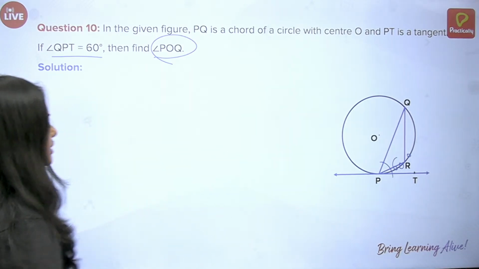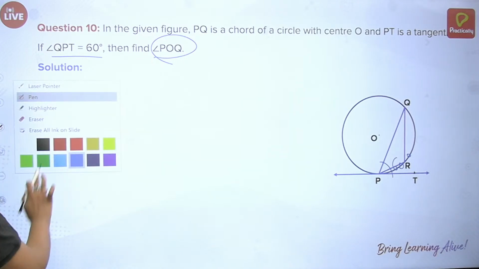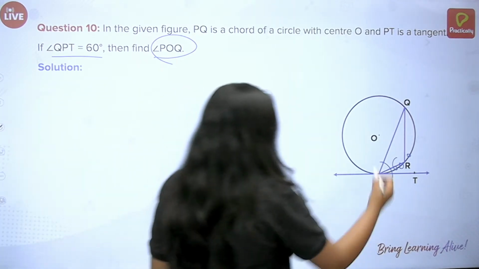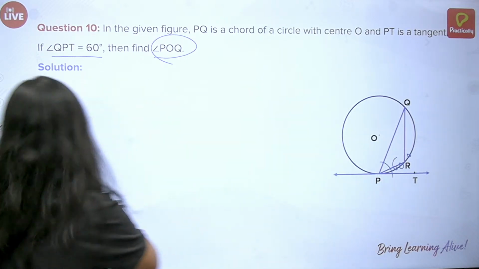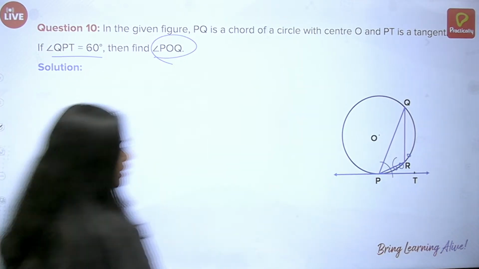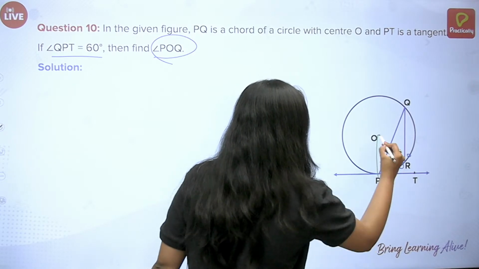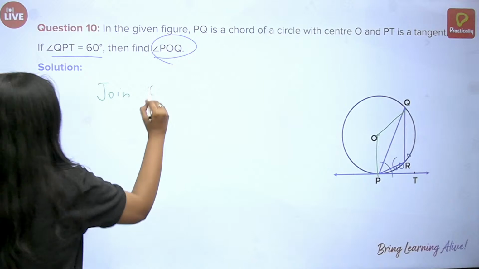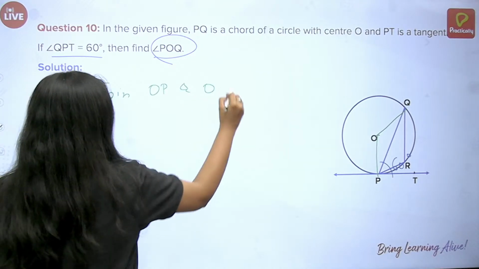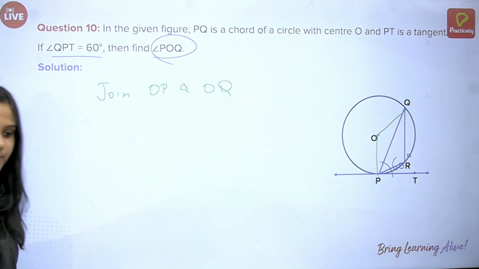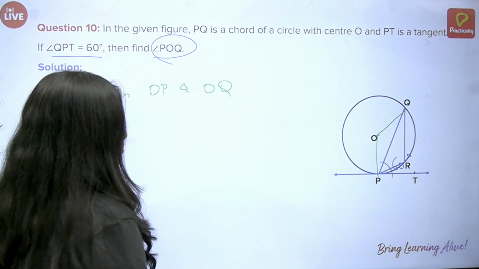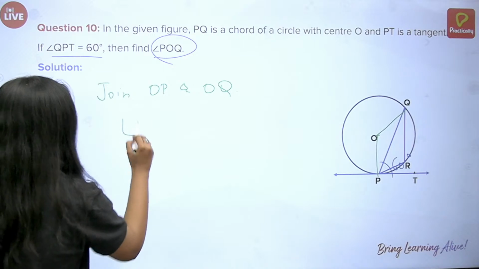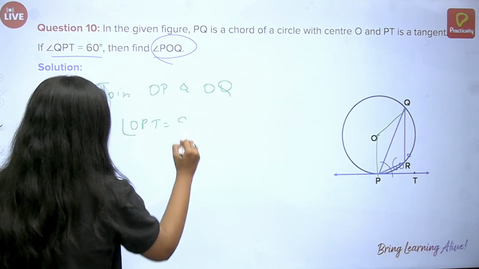So if this is 60 degrees, we have to find angle POQ. What we are doing is, we will join OP and OQ first. Let me just use another color to differentiate. Join OP and OQ. Correct? Alright. Now, if this is 60 degrees, OP is the radius, angle OPT is equal to 90 degrees.